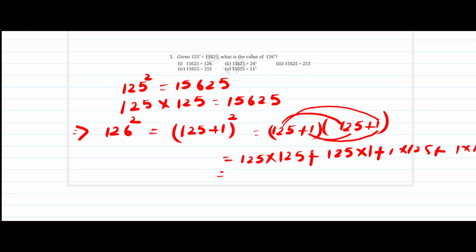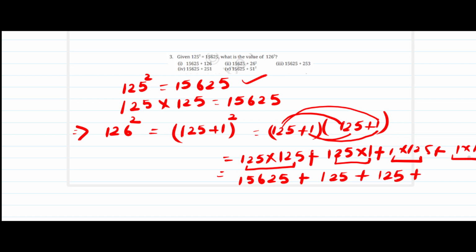So what we get here, see, 125 into 125 is already given in the question. This is 15625. No need to multiply, right? 125 into 1 is 125. 1 into 125 is again 125. And 1 into 1 is 1. Right?